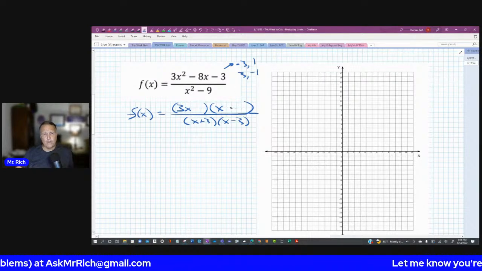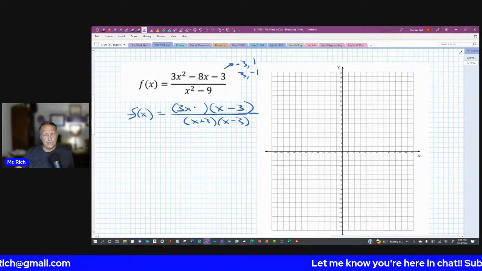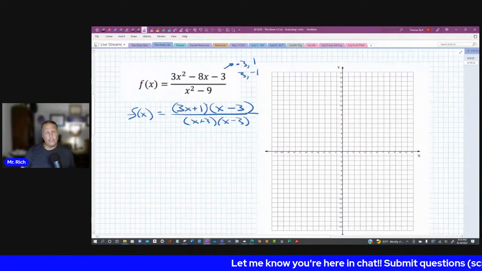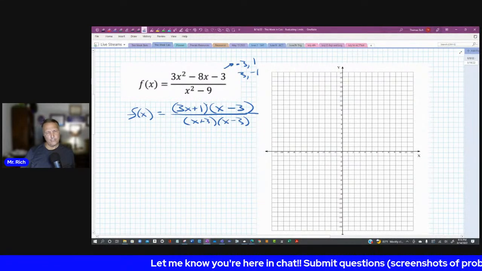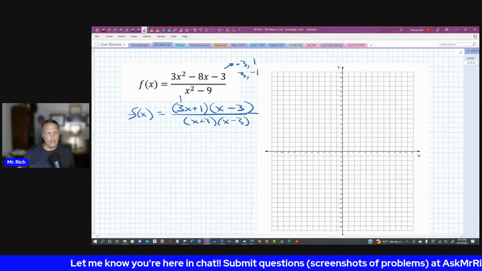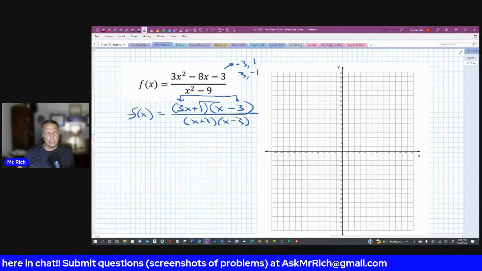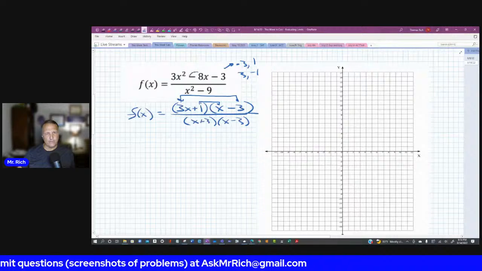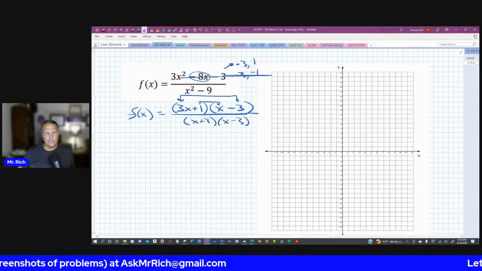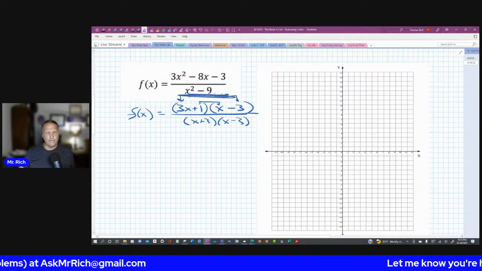And so if I play around with this, I will see that putting 3x plus 1 and x minus 3, when I take my outer and inner products, right, minus 9x and a plus 1x, that's what gives me my middle term, -8x. So I'm not going to go into that any further.